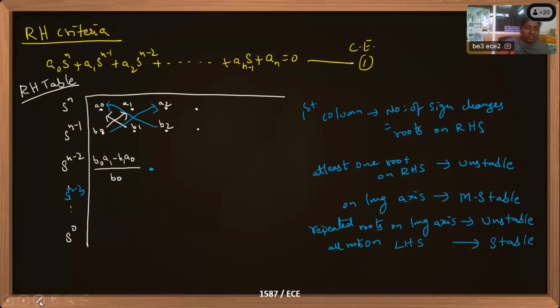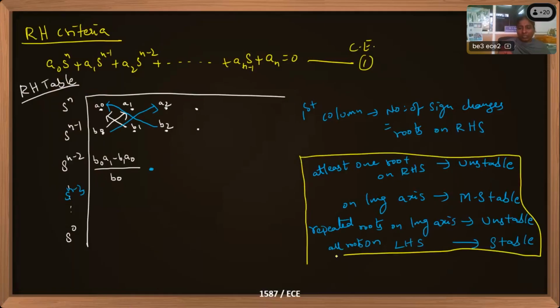Based on the number of sign changes we can decide how many roots are on the RHS. Then what about the imaginary axis? If there is a complete row of zeros, then definitely it gives the possibility of roots on the imaginary axis. In the RH table, if a complete row of zeros is there, how to proceed? We take the previous row as the auxiliary equation and differentiate it with respect to s.